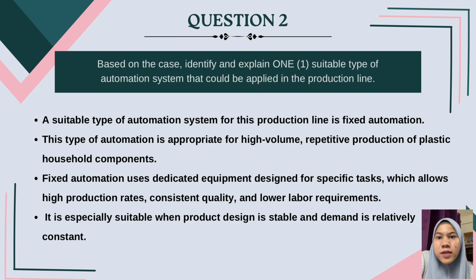So we proceed to the second question. Based on the case, identify and explain one suitable type of automation system that could be applied in the production line. So the answer is, a suitable type of automation system for this production line is fixed automation. This is because this type of automation is appropriate for high volume, repetitive production of plastic household components.